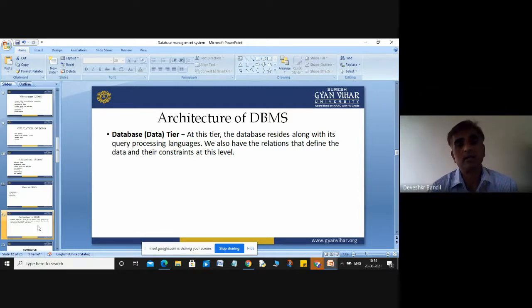At this tier, the database resides along with its query processing language, and we also have the relations that define the data and their constraints at this level. Means in your database tier, the data and the relations that define the data and their constraints are at this level.